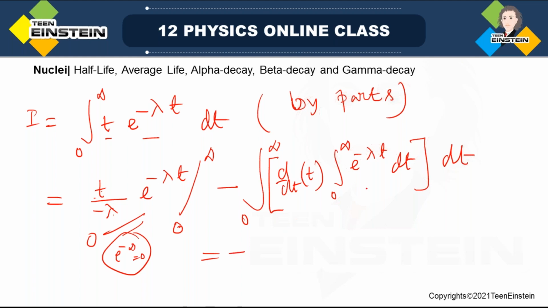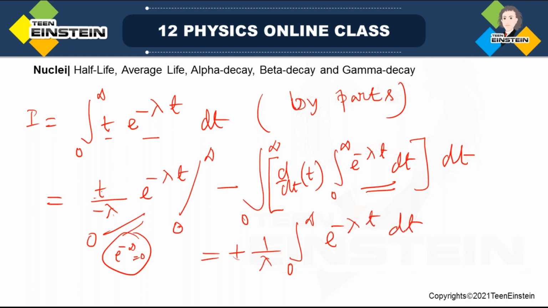Here there is a minus, and if you integrate e to the power minus lambda t, you get minus 1 by lambda. The derivative of t is 1. So you get minus 1 by lambda, which makes this plus 1 by lambda, and e to the power minus lambda t.